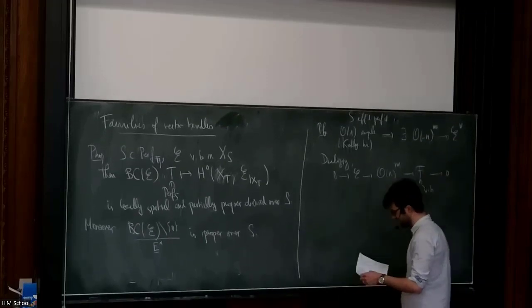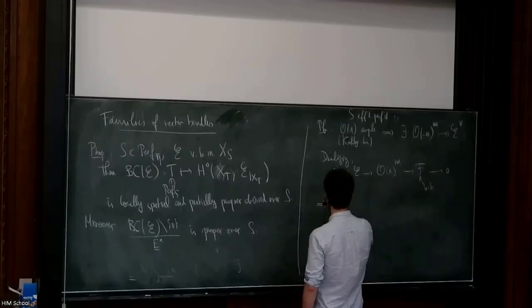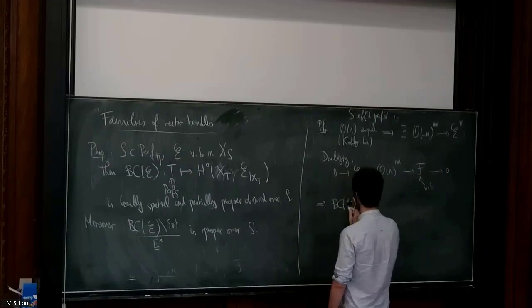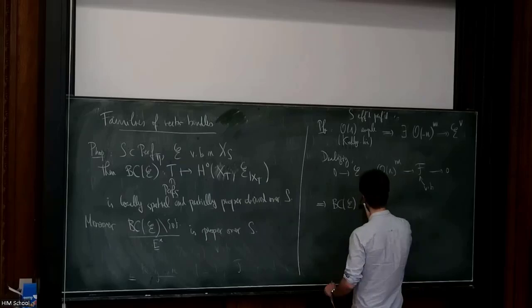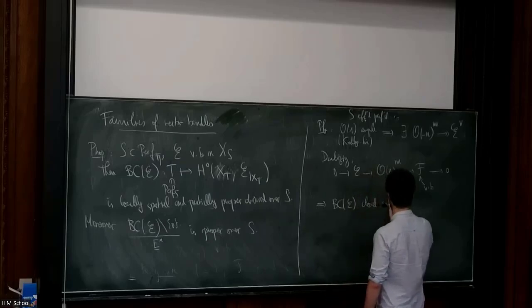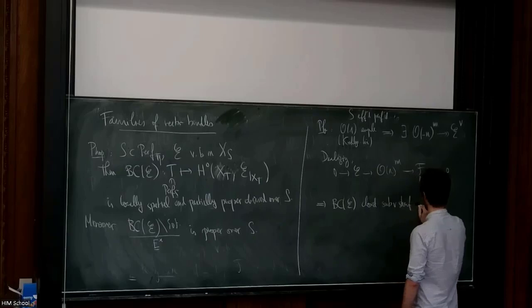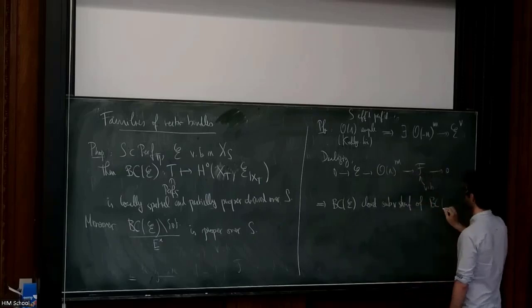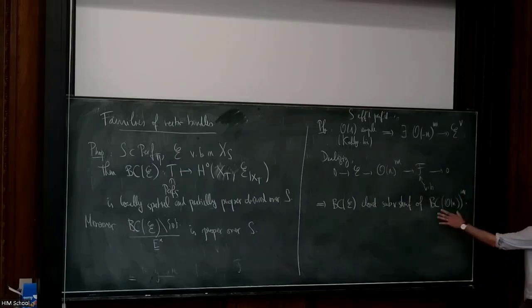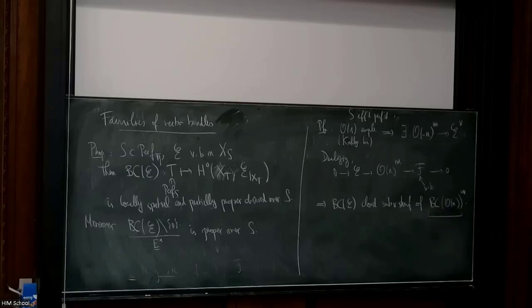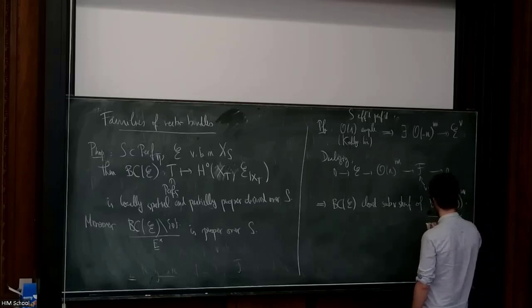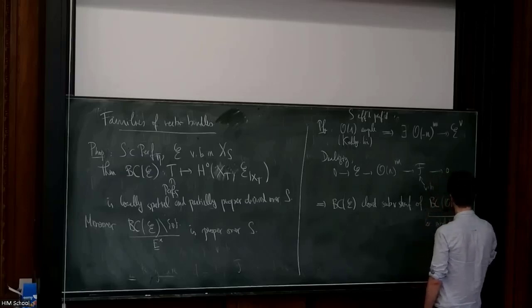And so because of this, our V-sheaf BC of E is in fact a closed sub-V-sheaf of the BC space of O(n)^m. But now this one we already know because we understand what happens for vector bundles coming from isocrystals. We know that this one has all the required properties, so it's a locally spatial diamond, it's partially proper.